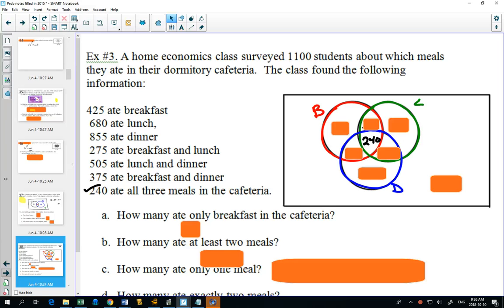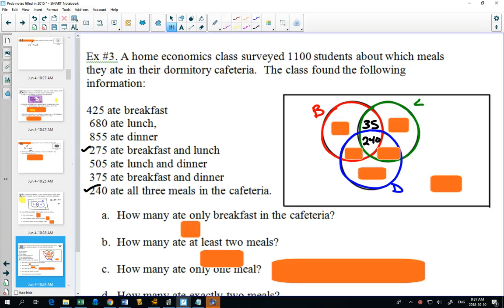Because if it's breakfast and lunch, this has to be 35 because in between the green and the red has to add up to 275. You can ignore the blue, but between the green and the red, those 2 sections had to add up to 275. So now we've used up this one.